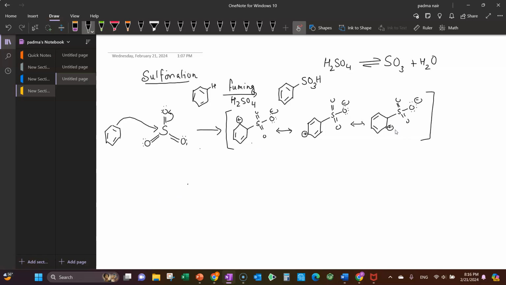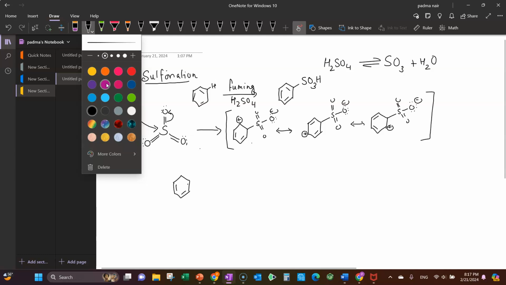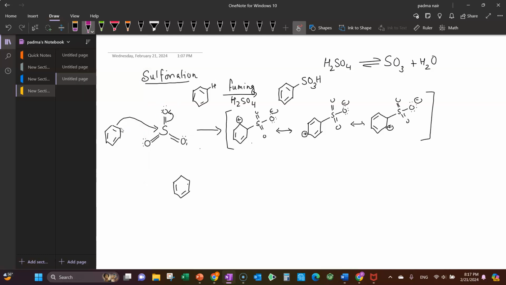Now the next step is where aromaticity is regained. But before that, we have to show that the proton is being removed. So I'll pick one of the sigma complexes from here. Again, remember, as in the previous cases, we are going to keep showing that proton, the one that will be removed in the end by the base.